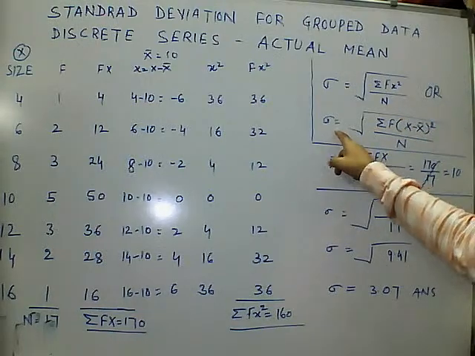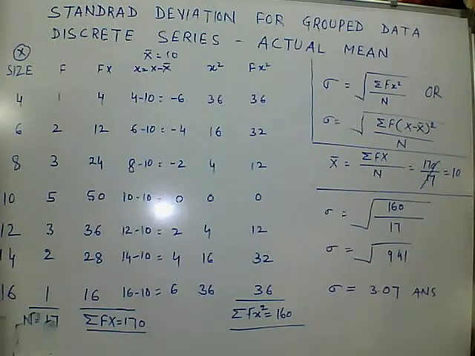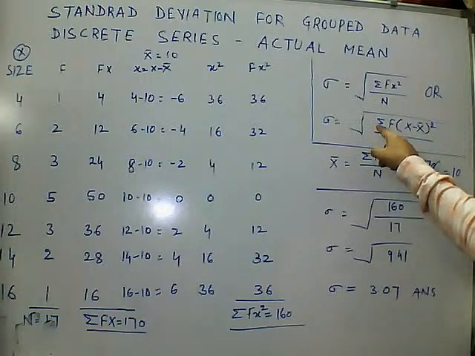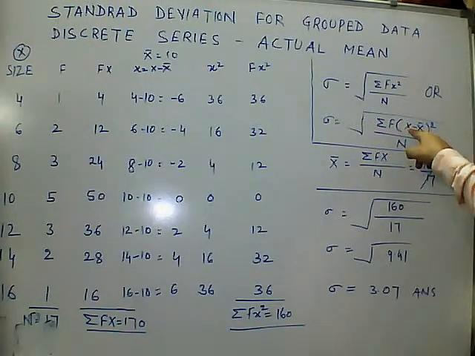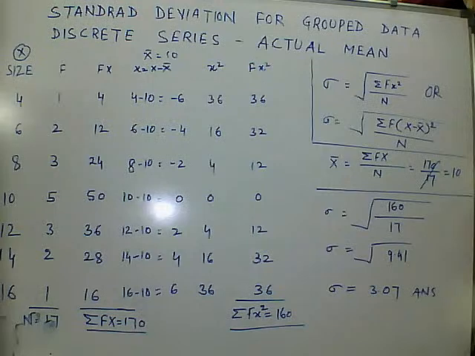Another formula is standard deviation equal to under root summation f, where f stands for frequencies, times the square of the deviations, divided by n.